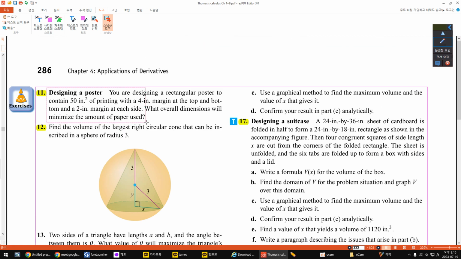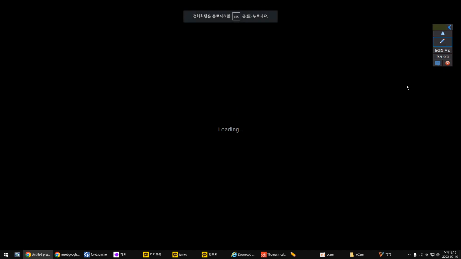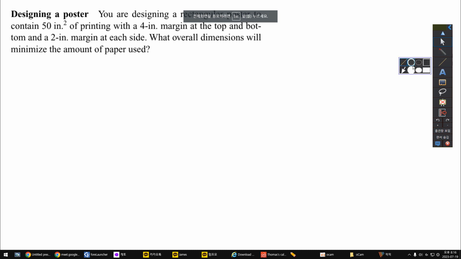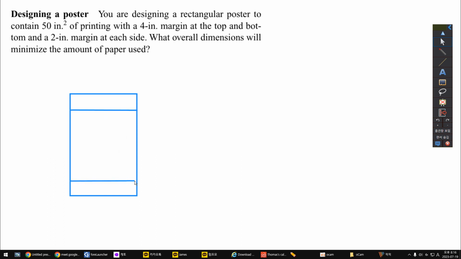And let's think of designing a poster. So when you make a poster, rectangular poster like this, and you want to make some margin, 4 inches top and bottom, and 2 inches at each side.